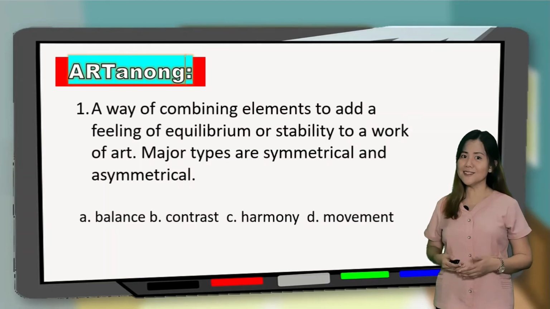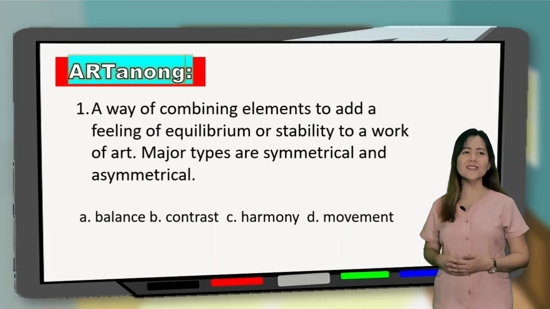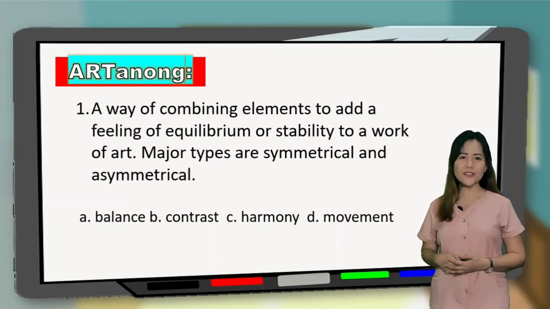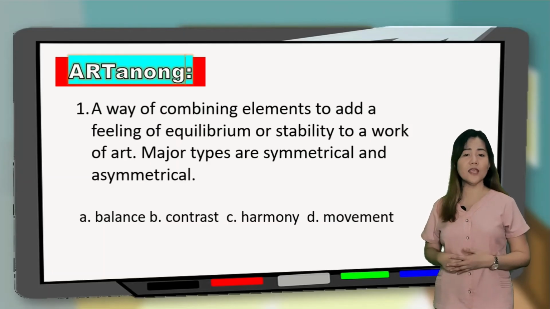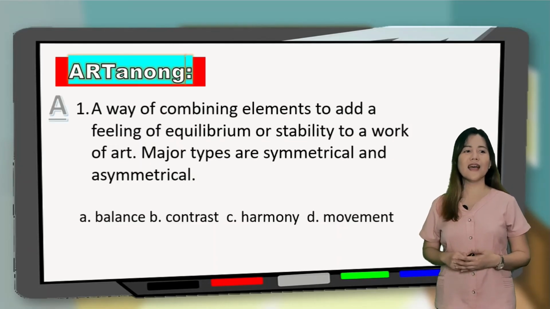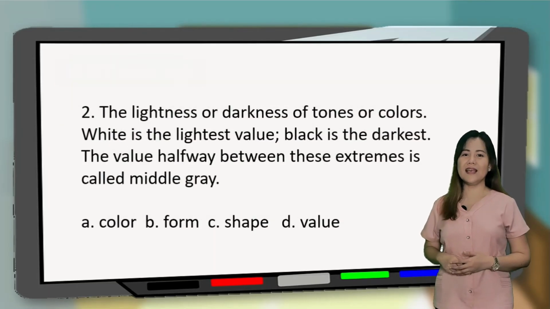Major types are symmetrical and asymmetrical. Come on, type your answers. What letters? Letter A, balance, B, contrast, C, harmony, or D, movement. Alright, correct. The answer is A, balance.